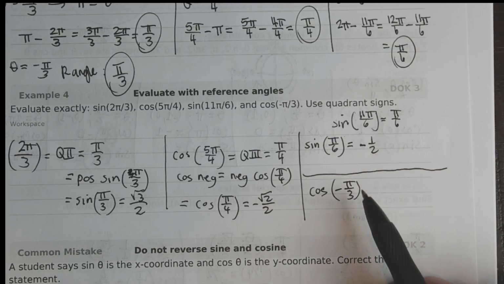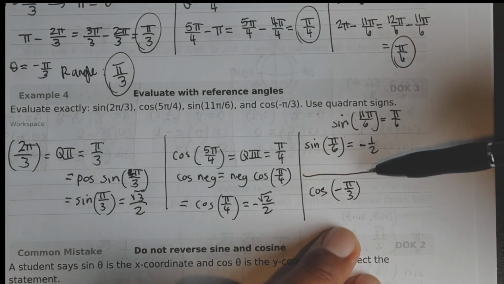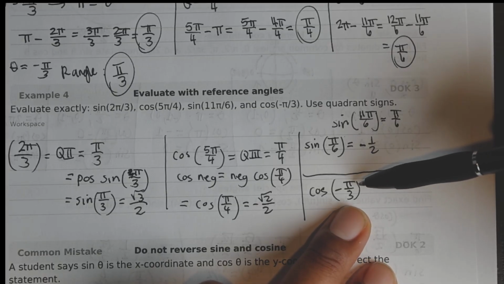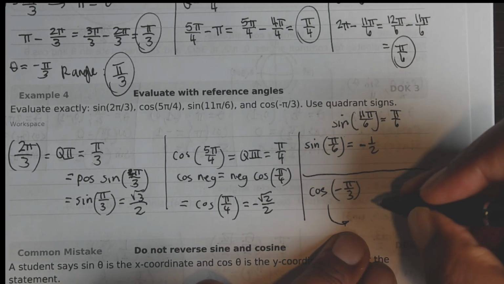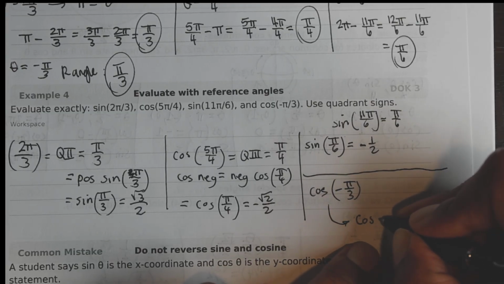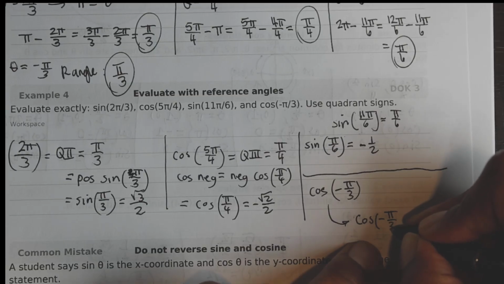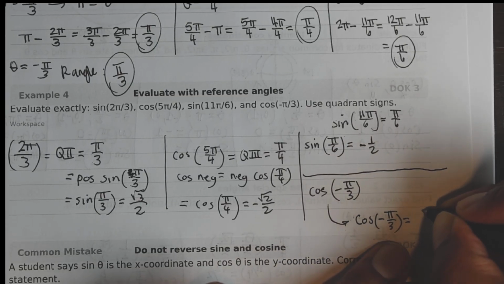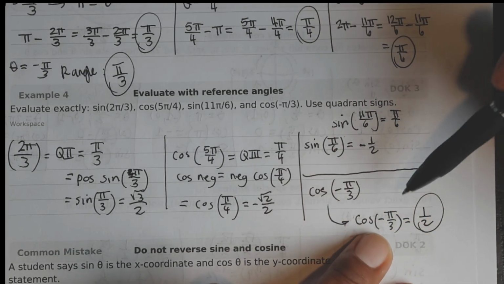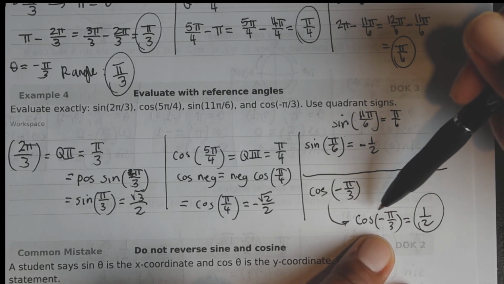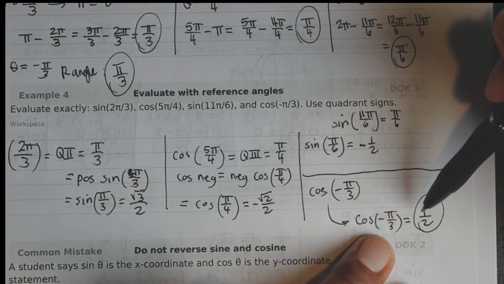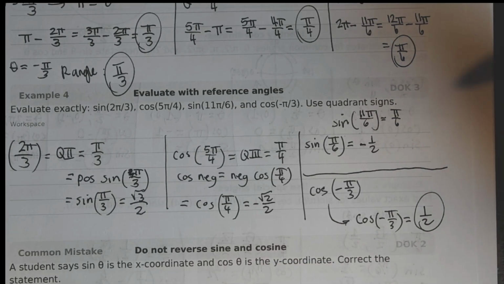Cosine of a positive pi over 3 would be 1/2, so this is essentially the opposite direction. Since the angle is negative, you're going in the opposite direction, where x is positive, so the outcome is also going to be positive.